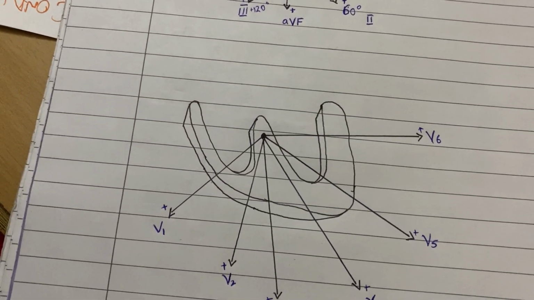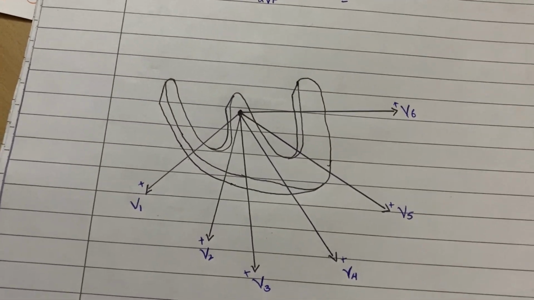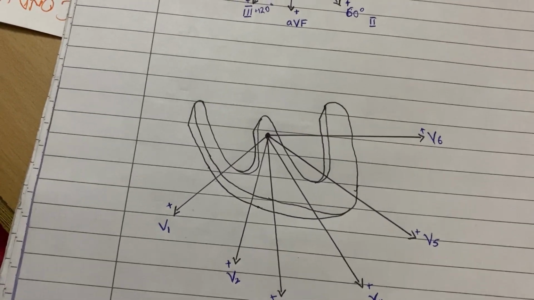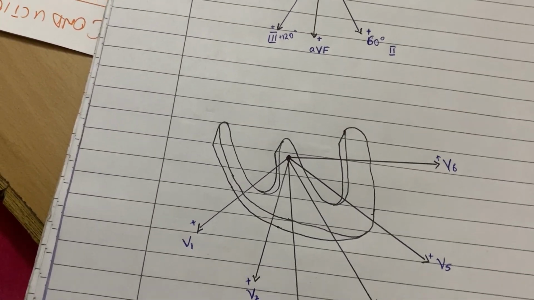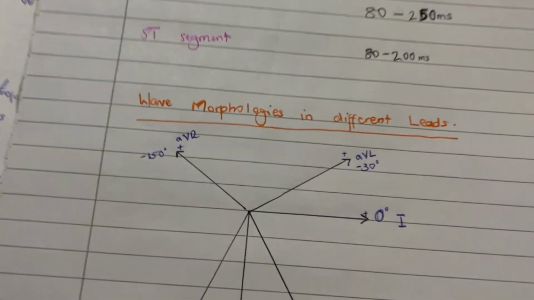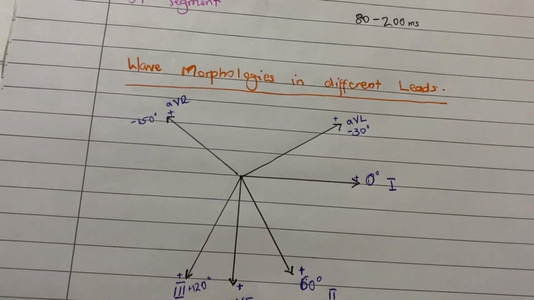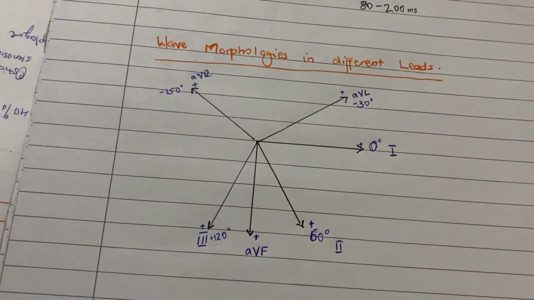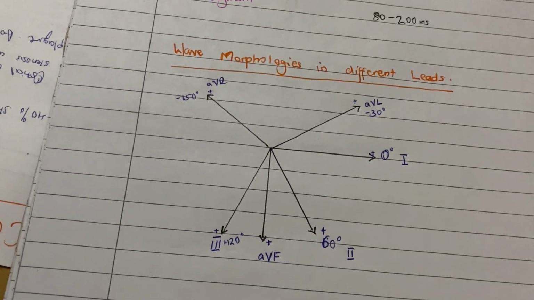Remember we grouped them: anterior chest leads, lateral chest leads, and right-sided septal leads. We gave all that, and then we already looked at the sequence of depolarization.